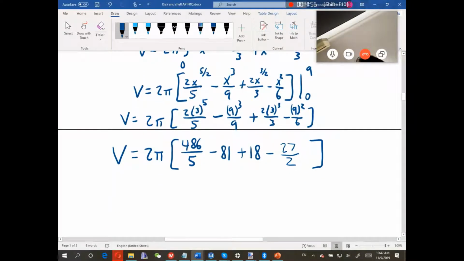So then I'll have to get a common denominator so I can add these all together. I'm going to go ahead and add these constants together first, I think. So what is negative 81 plus 18?